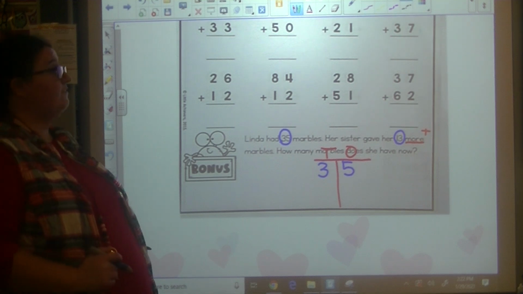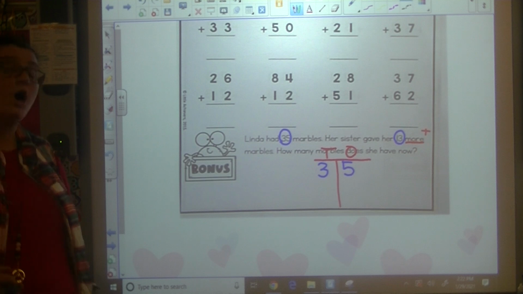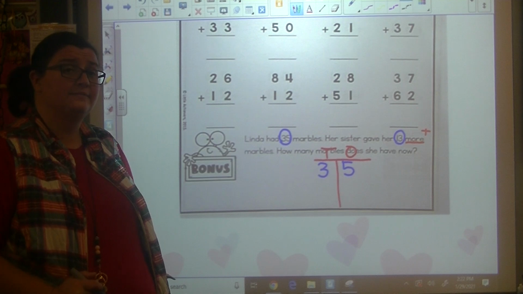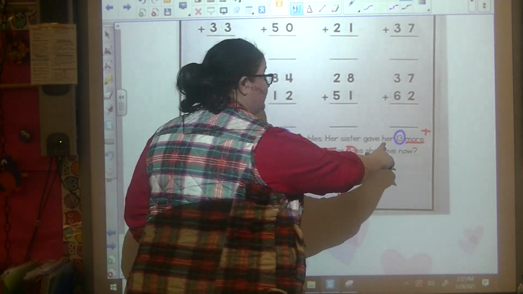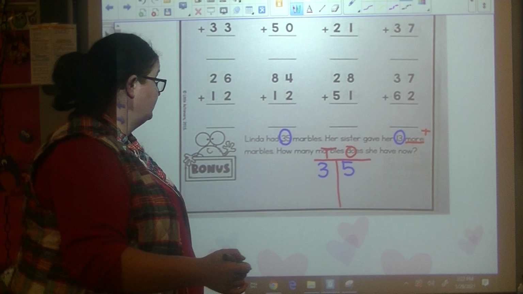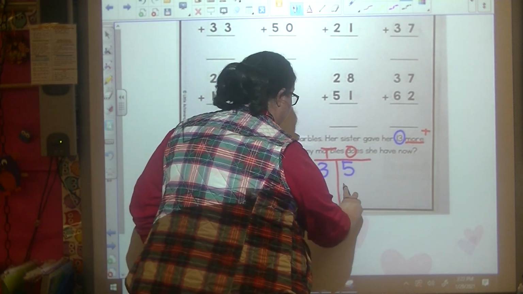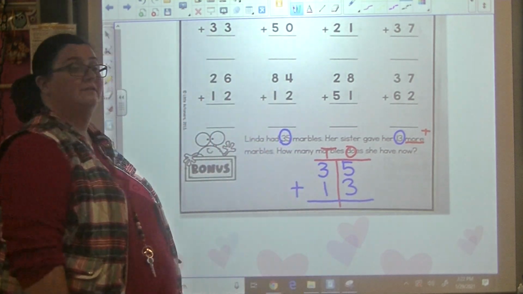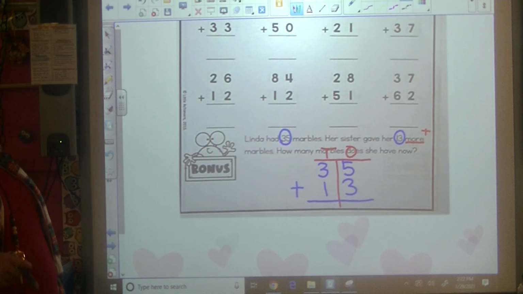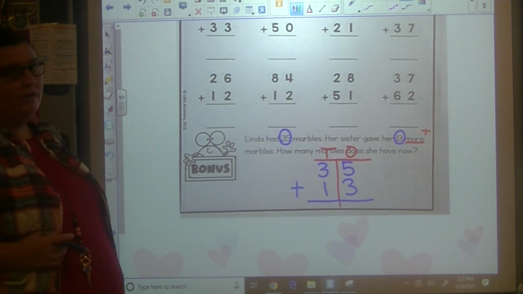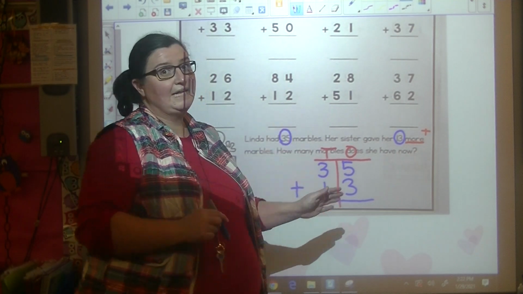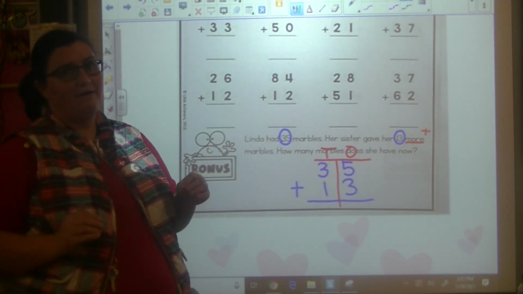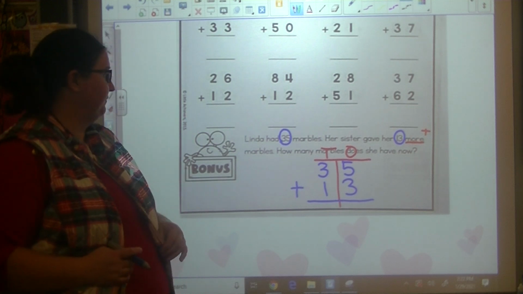It says her sister gave her 13 more. In 13, how many tens and ones? 1 ten and 3 ones. And I am adding. It's very important that we set our numbers up in the correct place value, or else our problem will not be right. It has to be the correct value or worth of each digit.